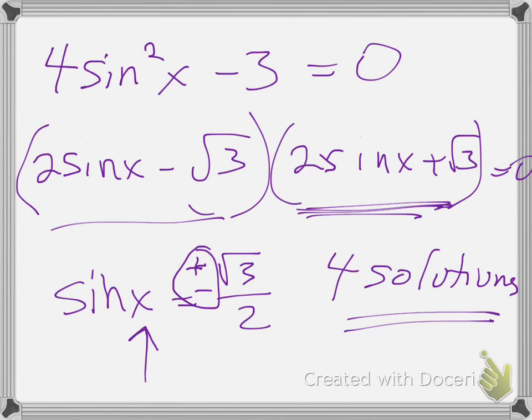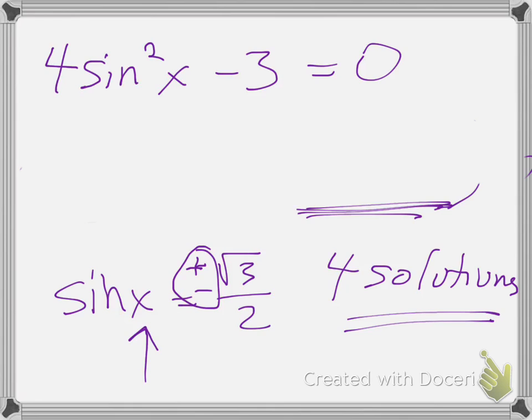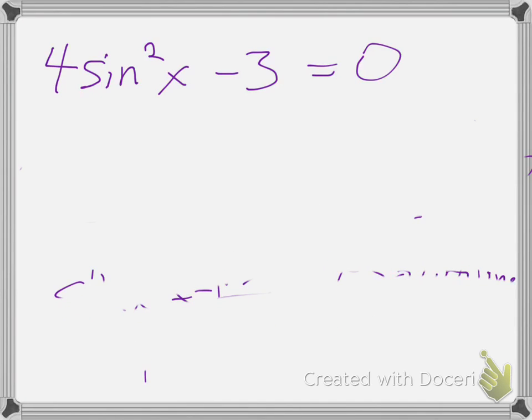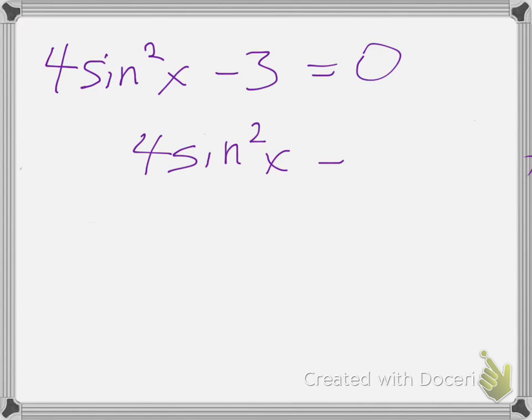Now, you wouldn't have to factor this that way, would you? You could also use what? The square root property? Right? So you could add 3 to both sides: 4 sine squared x equals 3.